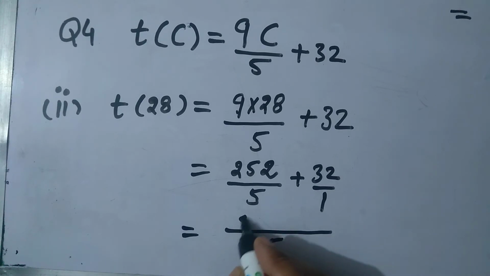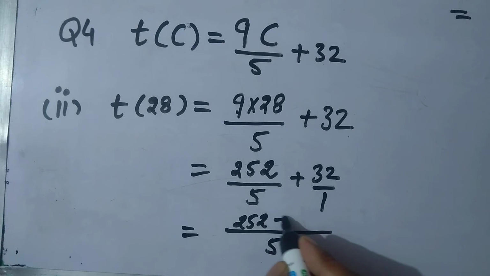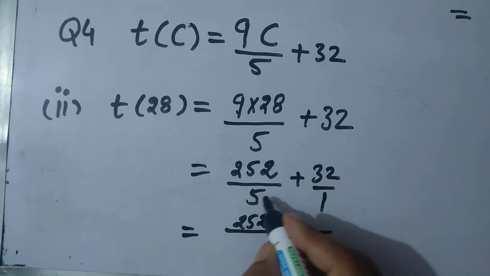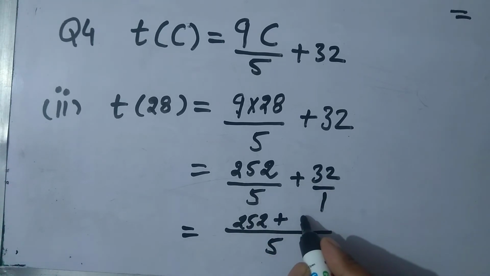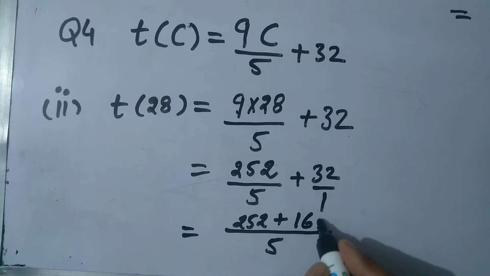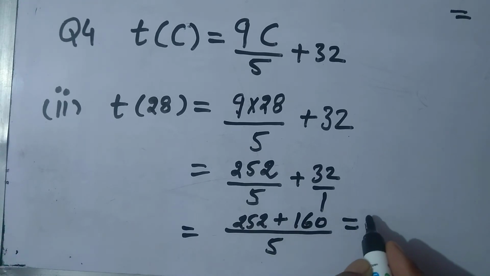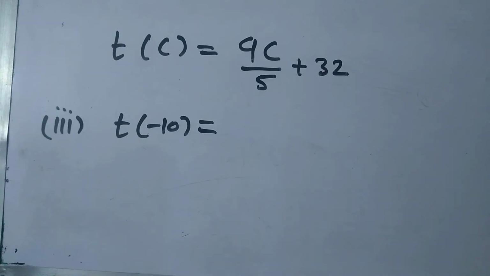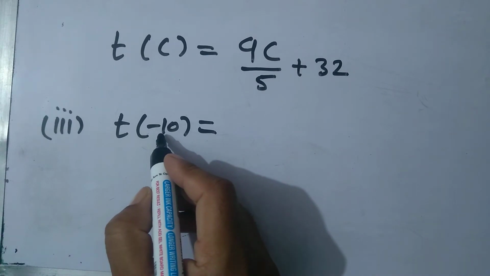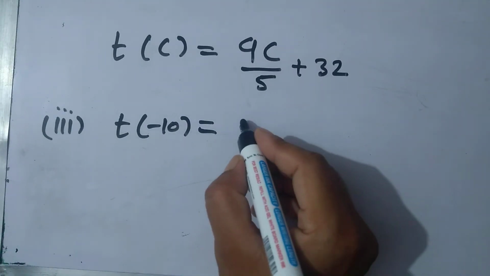So this is 252 plus multiply 32 with 5, that is equal to 160. So final answer is 412 upon 5.